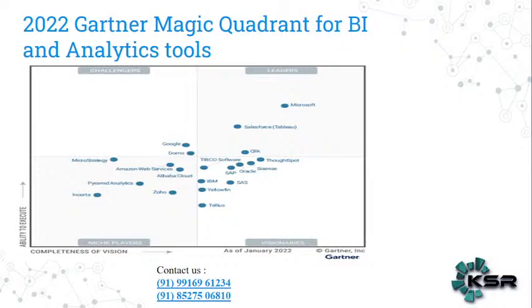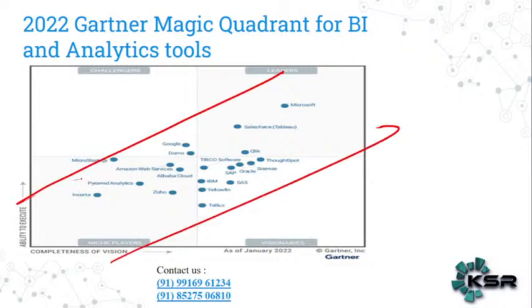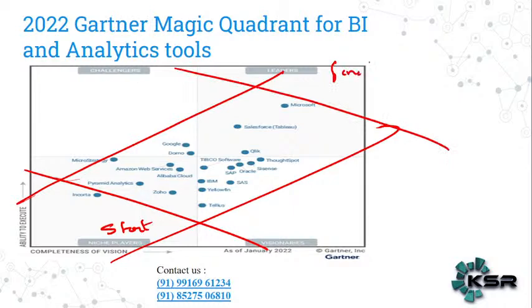And we can see that in this chart, just imagine this is a race. This is a start, and this is an end, the finish line. Assume that all the 30 plus tools are running a race.